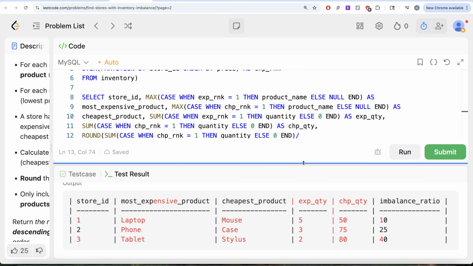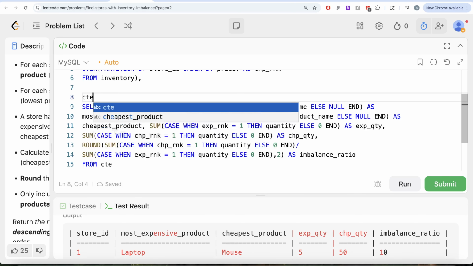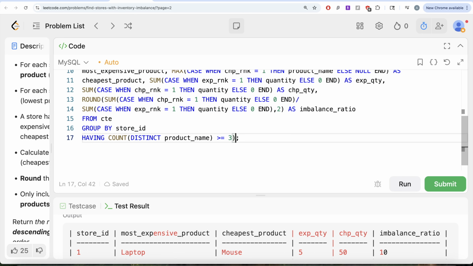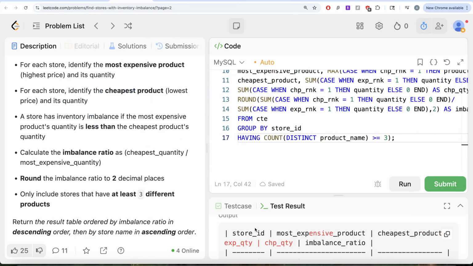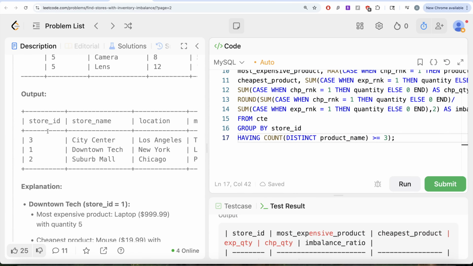Now, we can save this entire information and go ahead with the output part of it. So CTE2. If we look at this, in the output you only have store ID as of now, right? But in the actual output, you need all the information of the stores.